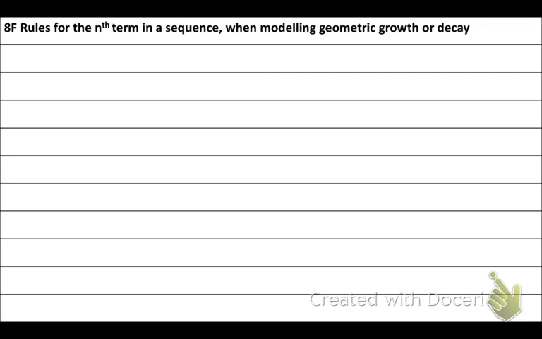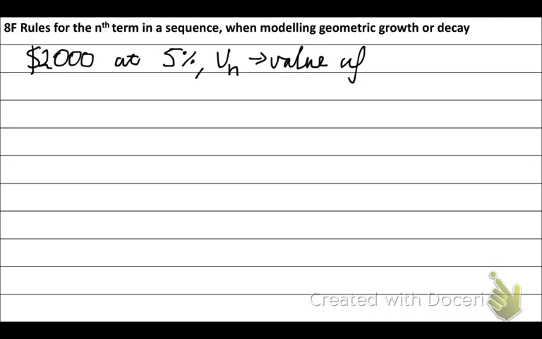If we invest $2,000 at a rate of 5%, and we let Vn be the value after n years.